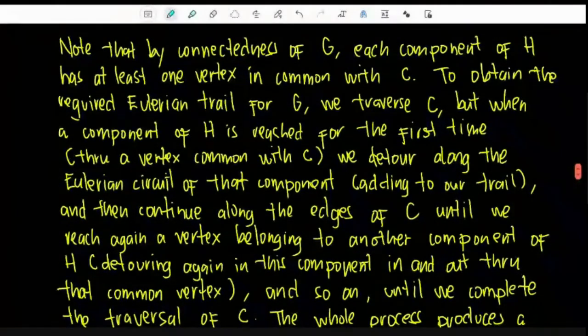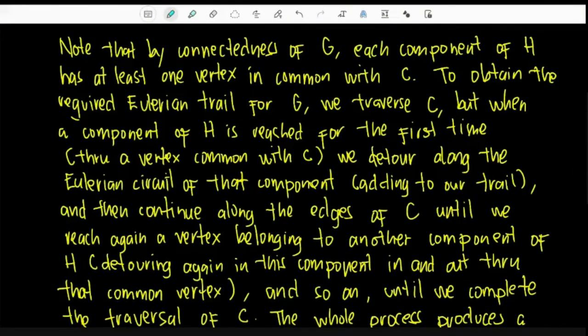So, to obtain the required Eulerian trail for G, all we need to do is we traverse C. But here's the technique. When a component of H is reached for the first time, pagdating natin doon sa common vertex with C, ang gagawin natin, magdi-detour tayo doon sa component na yon through that common vertex.